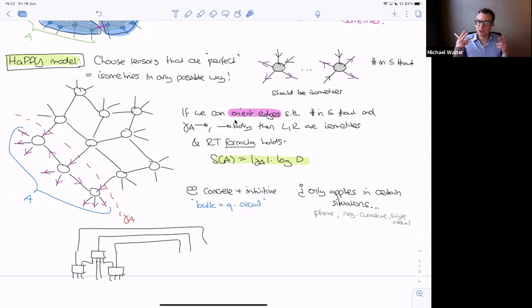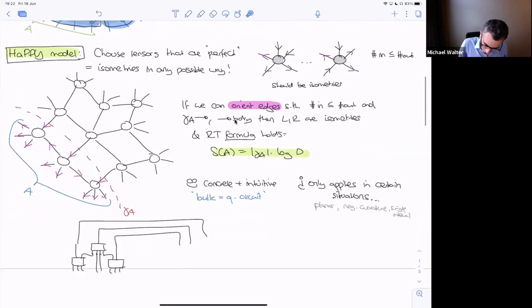So what this orientation gives me is some kind of time order. It gives me an order in which I can think of applying these gates step by step. And because I oriented them in a way that satisfied this constraint, I know that my tensors I can always think of as an isometry. So it's always a good time evolution if you want. If I couldn't orient them in such a way, then I would be applying a non-unitary, non-isometric map at some point in time, and that would not preserve entanglement.